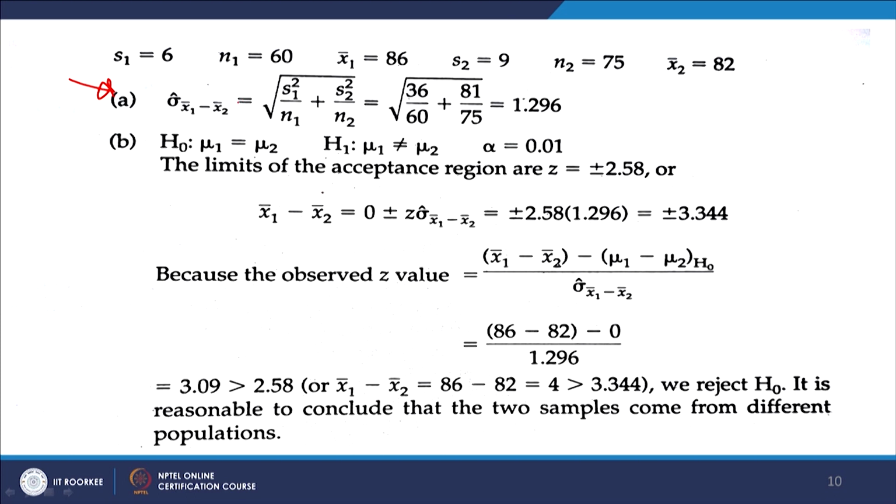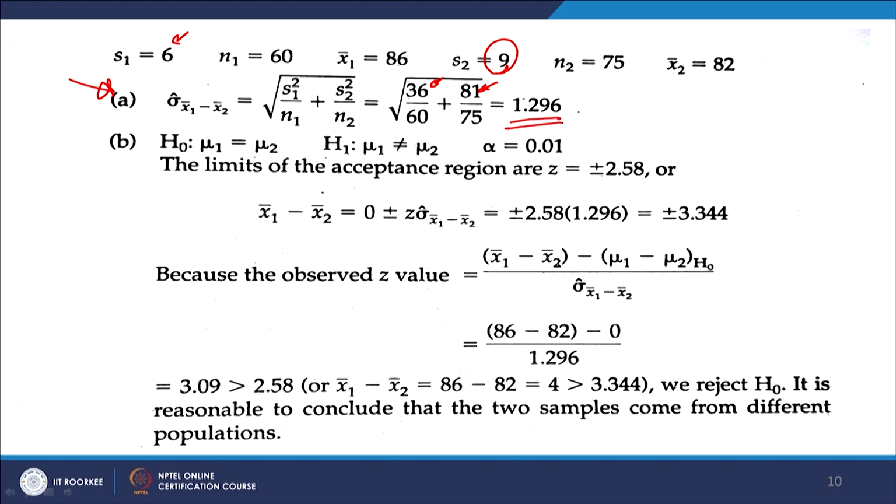This is very simple, you just put values of n1 and n2 and sample variance of these two samples. Since you have been given standard deviation, you just take square of this. So, S2 square is 81, S1 is 6, S1 square, our variance, is 36.